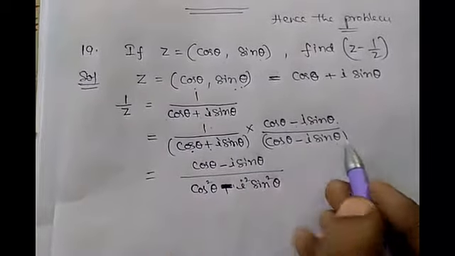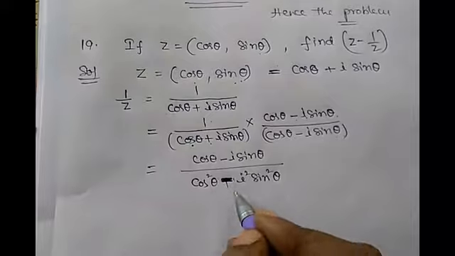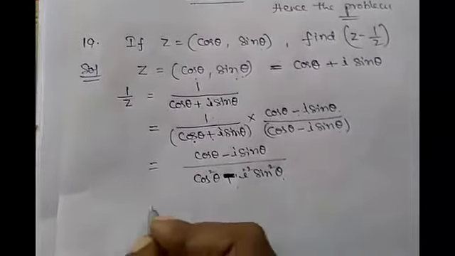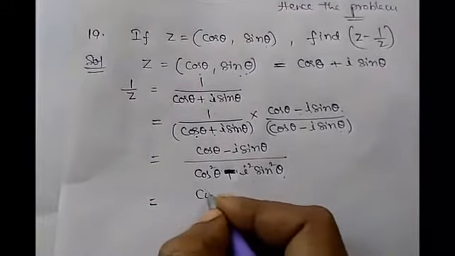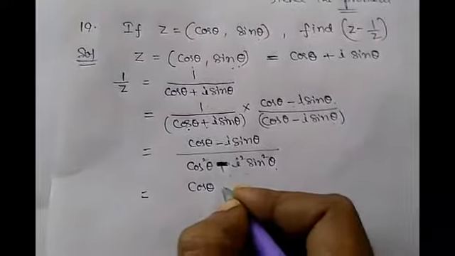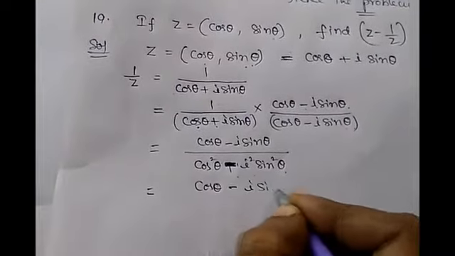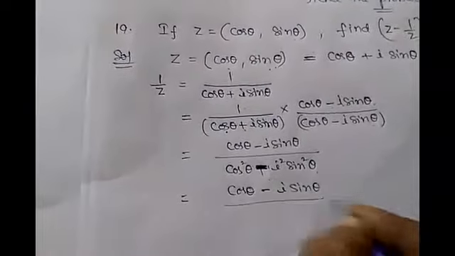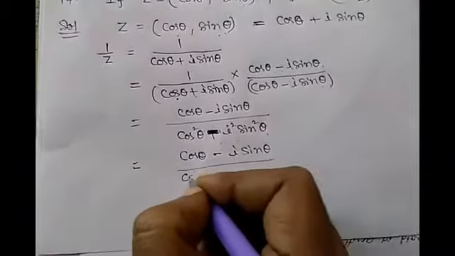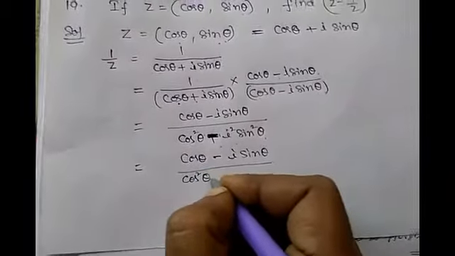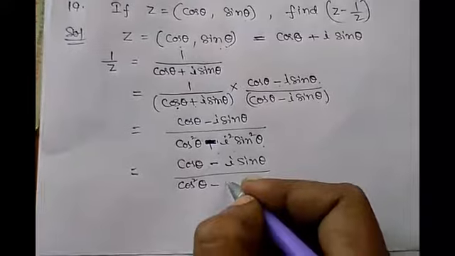(a plus b) into (a minus b) gives what? a square minus b square. So it is equal to cos theta minus i sin theta by cos square theta minus, what is the value of i square?